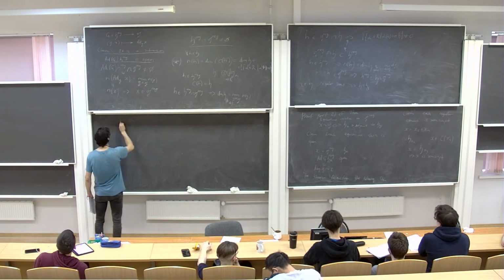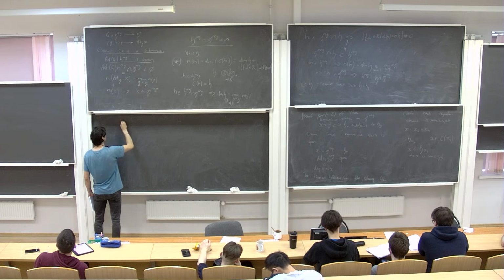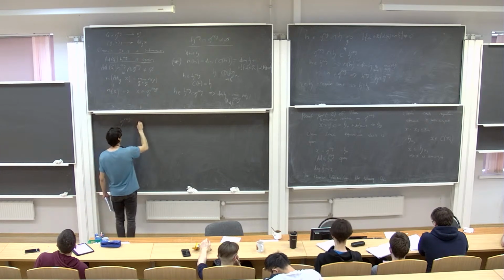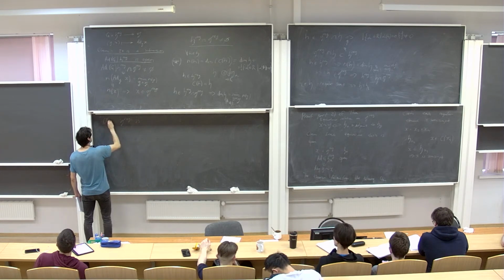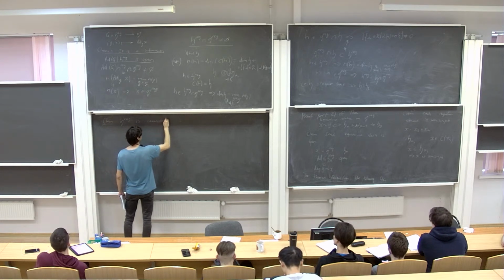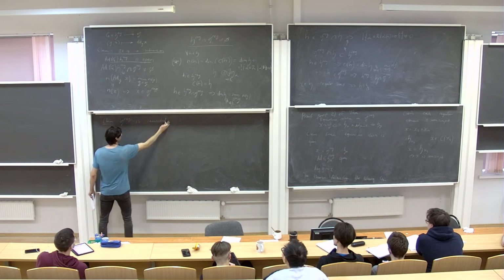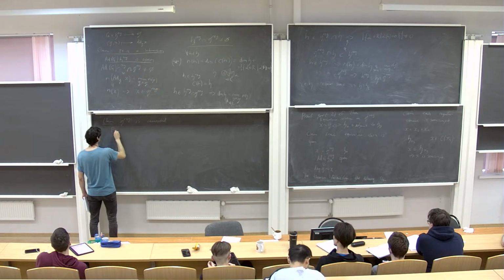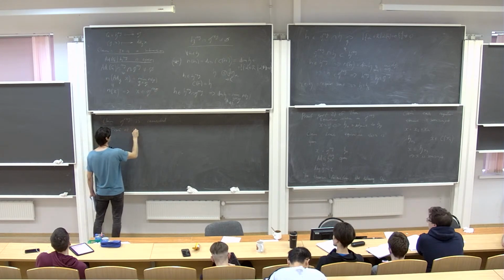So we have, G regular is connected. Okay, proof of claim.